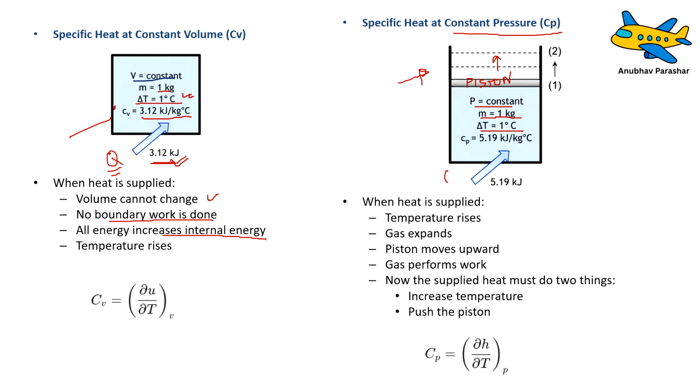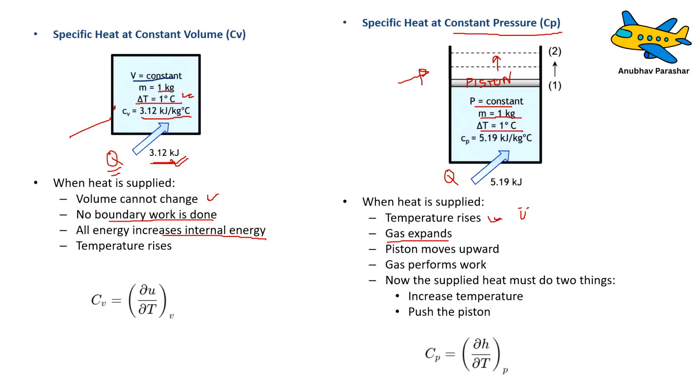Now, what is happening when we are supplying some heat? Definitely the temperature will increase to some extent. The internal energy, the sensible energy of this system, increases. But at the same time, the piston will also move up and the gas will expand. And when the gas expands, we do some amount of work.